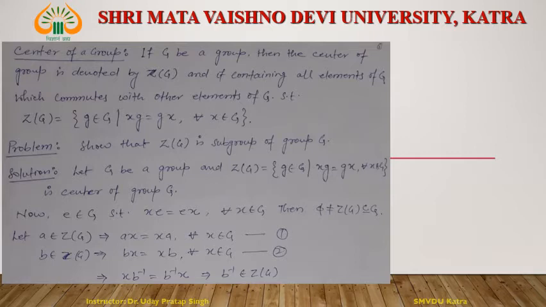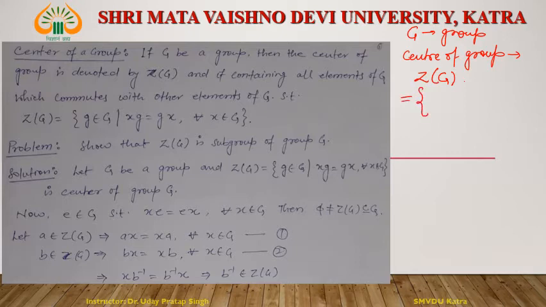The center of a group is defined as follows. If G is a group, then the center of the group is denoted by Z(G). What is G? G is a group. And what is the center of the group? It is denoted by Z(G), but how is it defined?